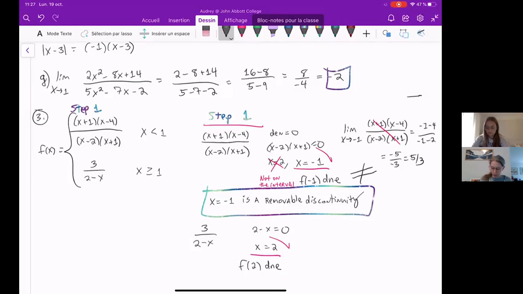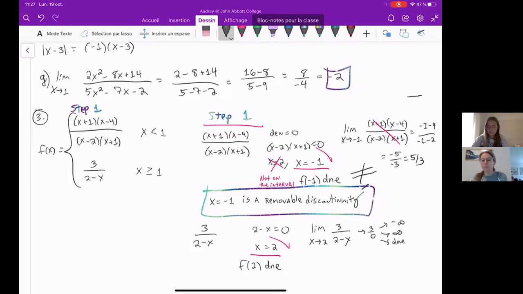We get that 3 over 0. Then, if I do the limit as x approaches 2, that 3 over 0 is actually going to become important because it tells me what? What does it tell me about the type of discontinuity? You got it. So f of 2 doesn't exist.